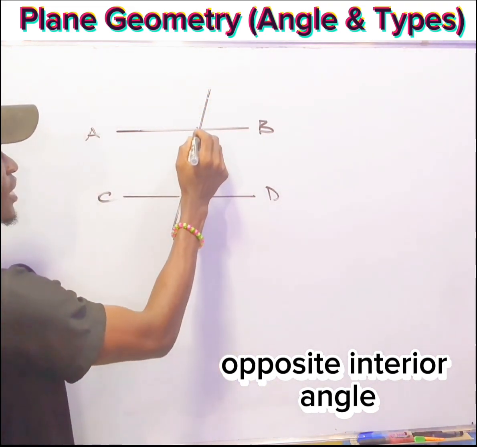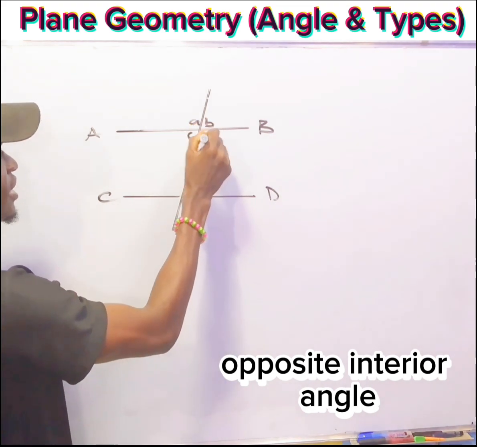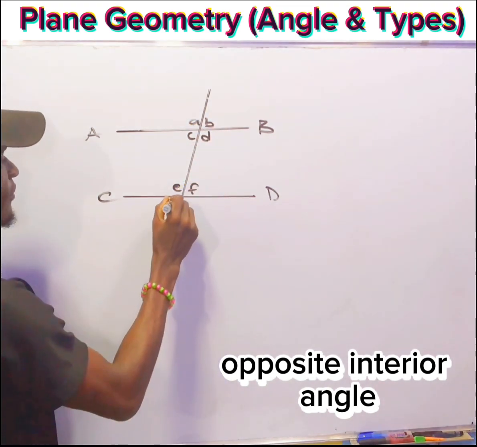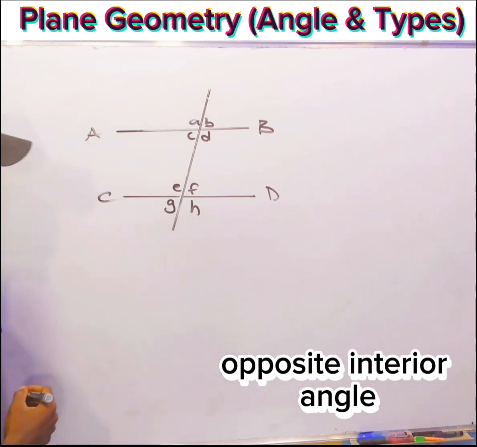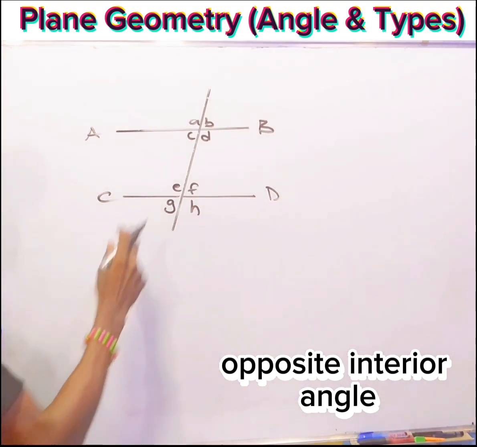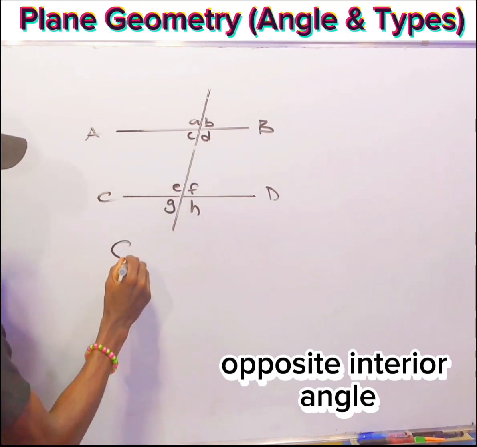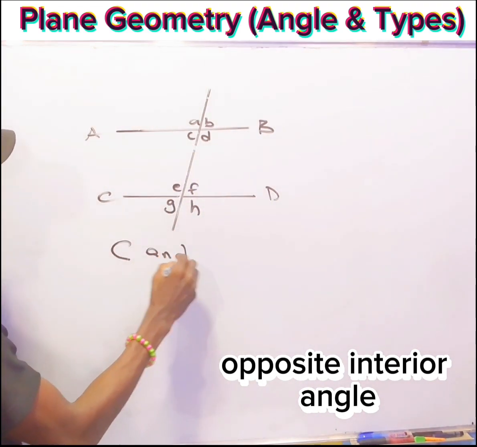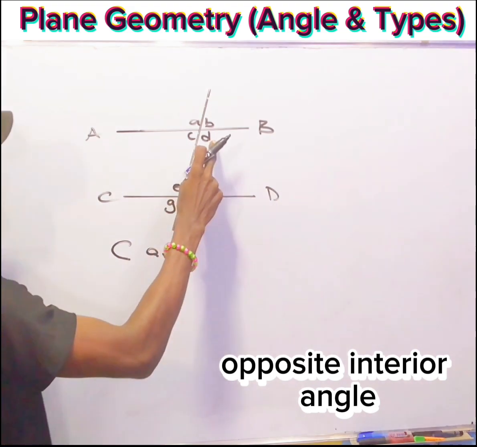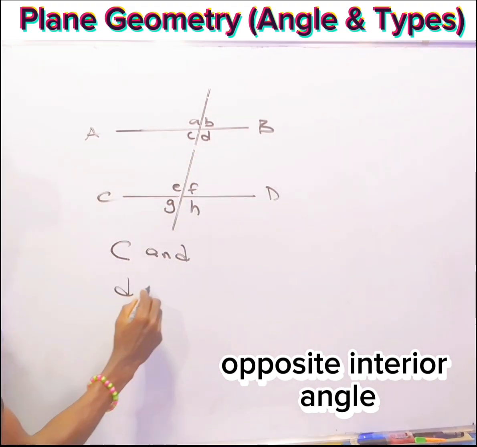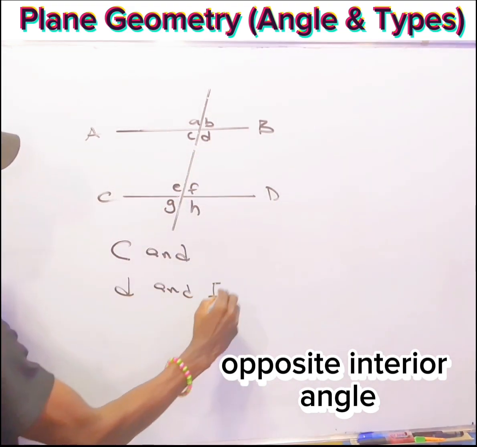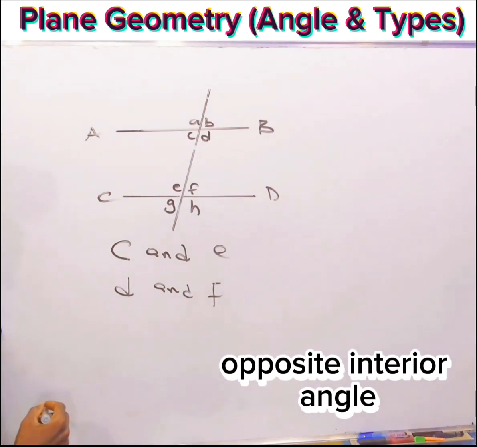And we have A, B, C, D, E, F, G, H. Now, the opposite interior angles, which is C and E, they are opposite interior angles. D and F, they are also opposite interior angles.